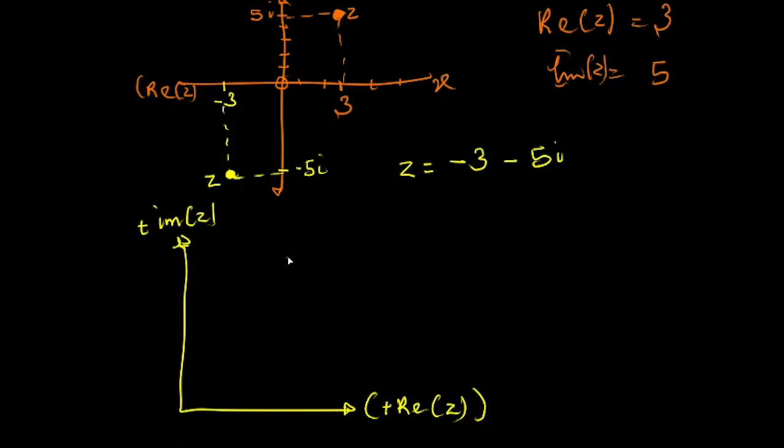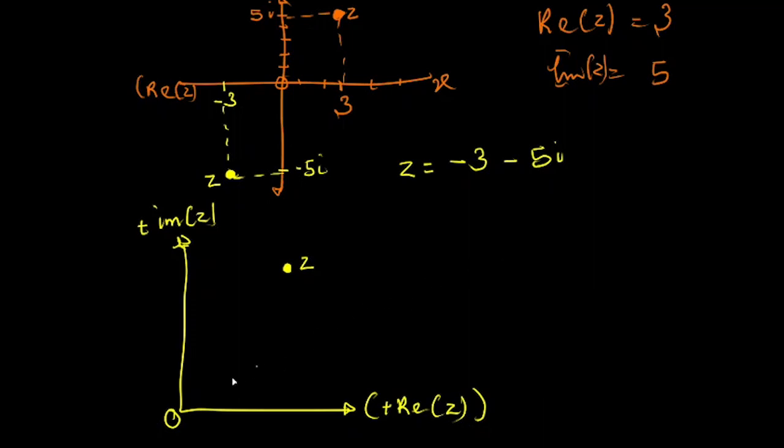So if, let's say, we have a complex number at some point here, and that is Z. I'll just write it there, Z. This is the origin O. Good.